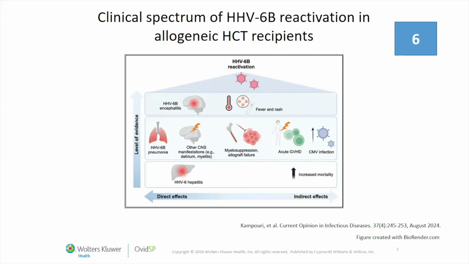However, the pathogenic role of HHV6A is not very well established, so we don't know whether it causes any problem at all or not. Second is the use of letermovir for prophylaxis against CMV in transplant patients now.